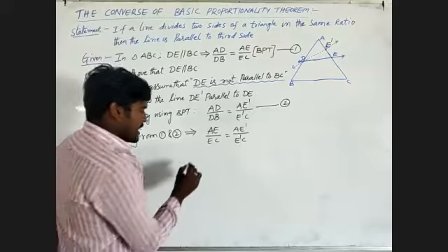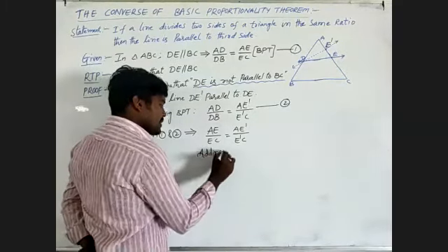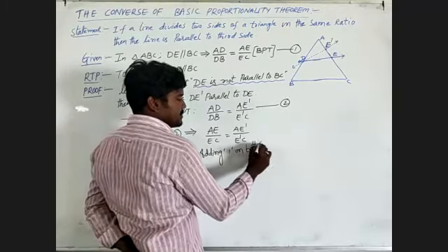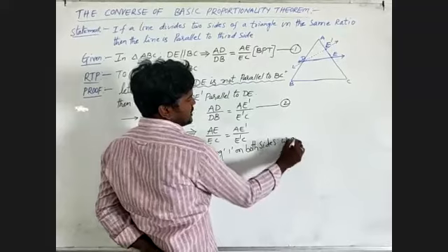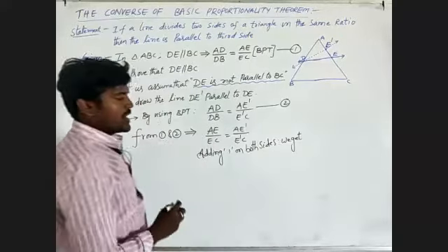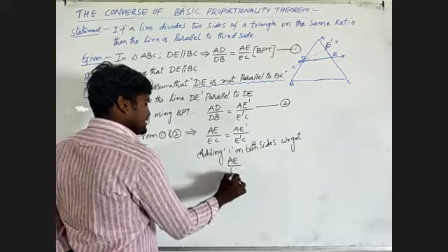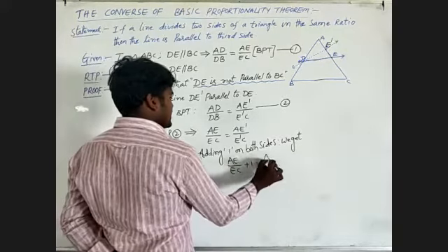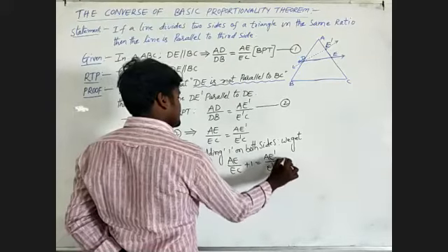Here one step we will take: adding 1 on both sides, we get AE by EC plus 1 is equal to AE dash by E dash C plus 1.